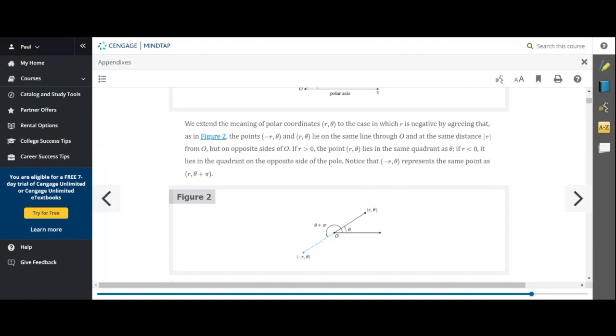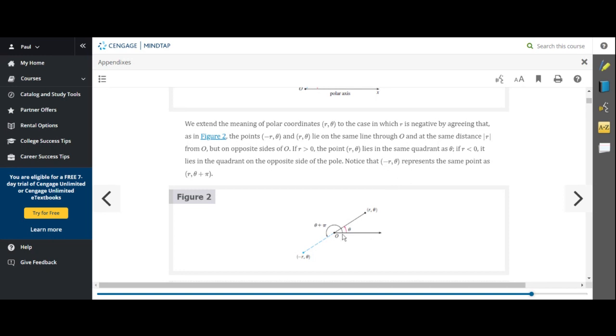But with polar coordinates, a point can have multiple representations. So like negative r, theta, like that blue point there in figure 2, is a polar coordinate for that point, but also r, theta plus pi is a polar coordinate.